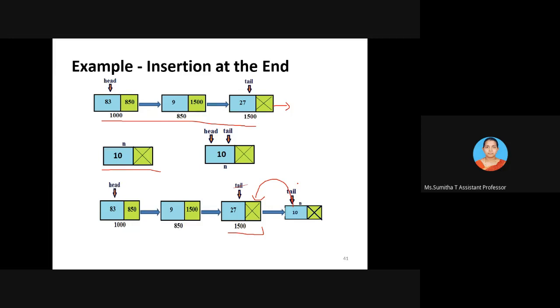We give the address of the new node to the next field of the tail node. Then, we change the tail node from the previous one to the newly added one. This is the process. Is it clear, everyone?